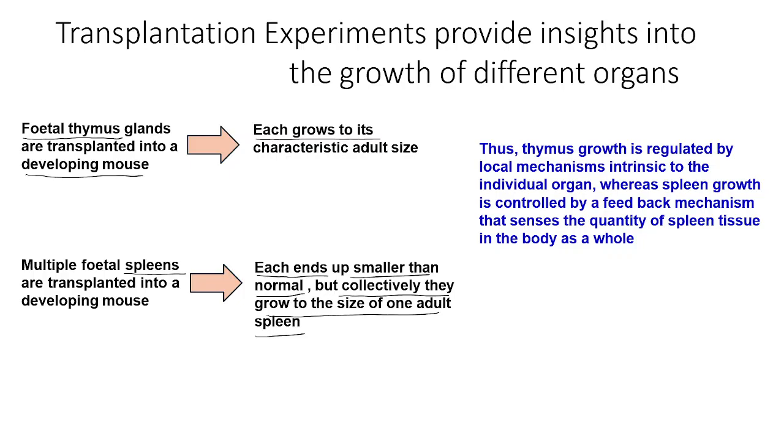On the other hand, when multiple fetal spleens are transplanted, each remains smaller than normal, and together they reach about the total size of one spleen, indicating a systemic feedback mechanism that senses the total amount of spleen tissue in the body. So thymus growth is primarily locally regulated, while spleen growth is under system-level feedback control.